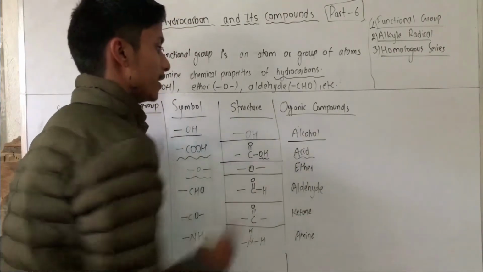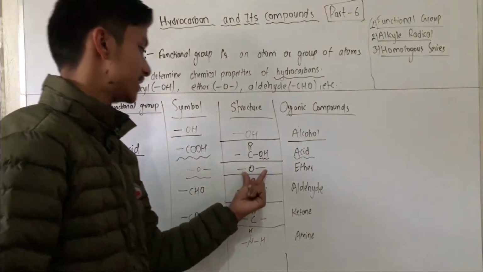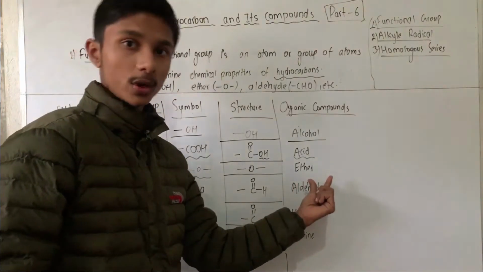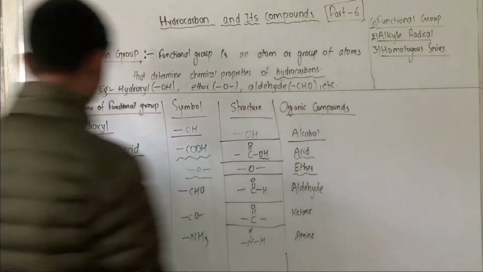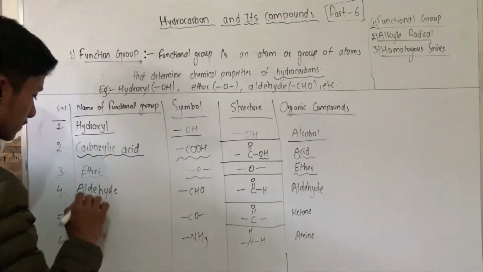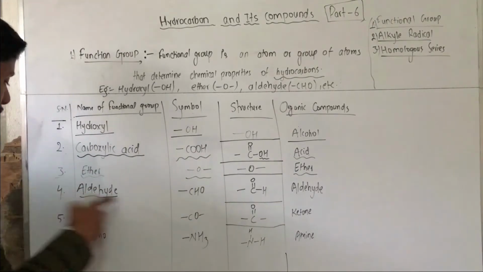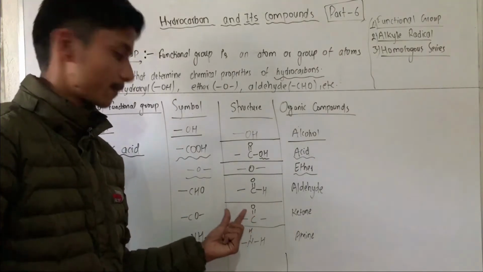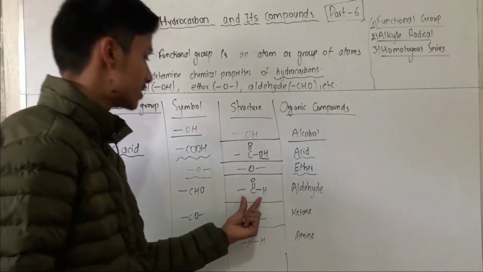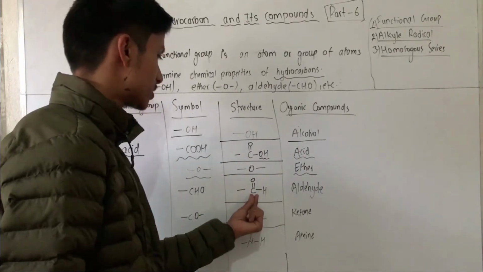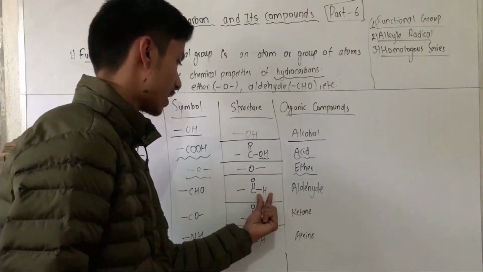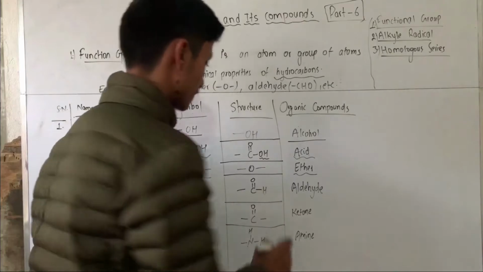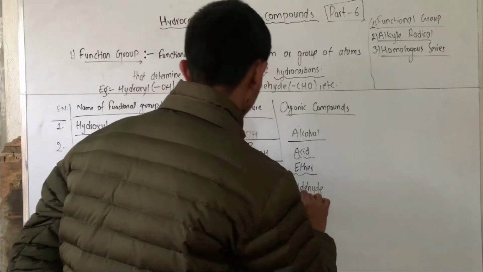And if any compound contains this, then we understand that such a compound is ether. Fourth one is aldehyde, and its symbol is CHO. Similarly, its structure is C double bond O single bond H.